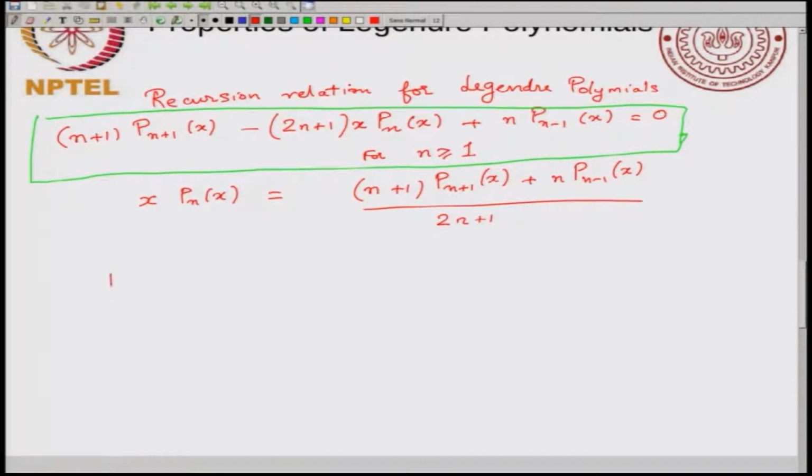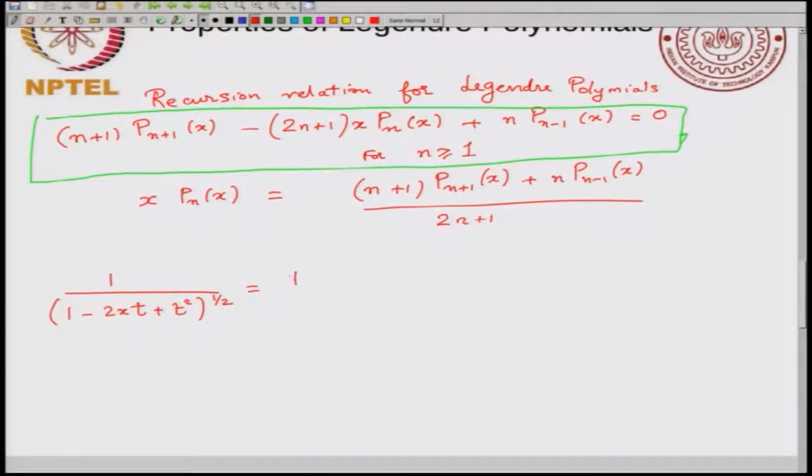Suppose I take 1 over (1 minus 2xt plus t²) raised to half, where t is a variable. I take this function of t and x, and I do a Taylor expansion about t equal to 0.